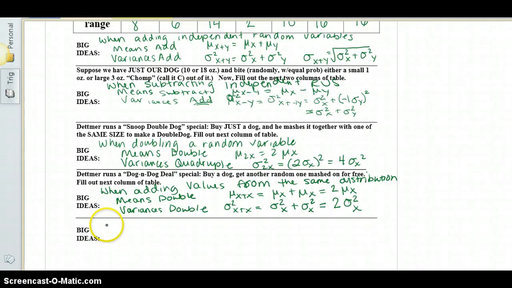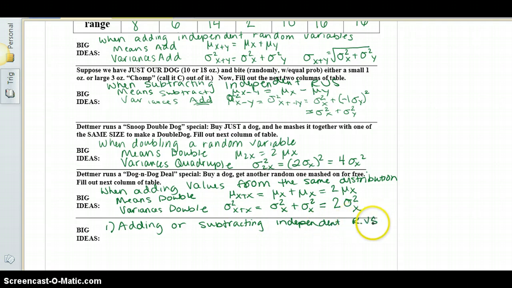Okay, so big ideas to sum up. Adding or subtracting independent random variables, variances add. Variability always increases.